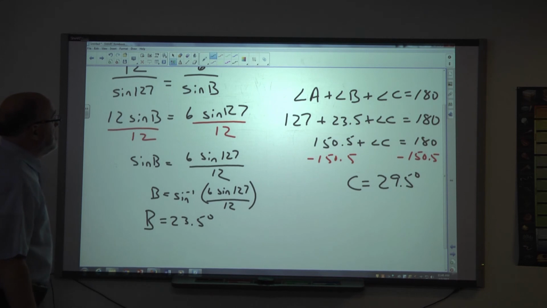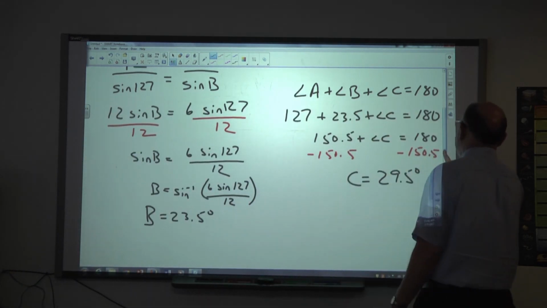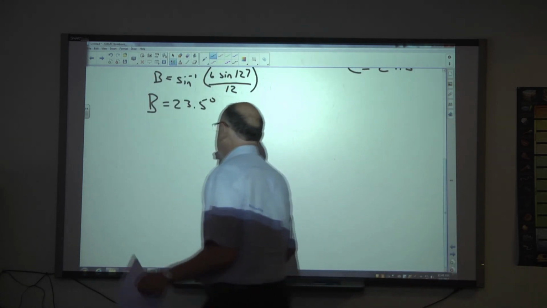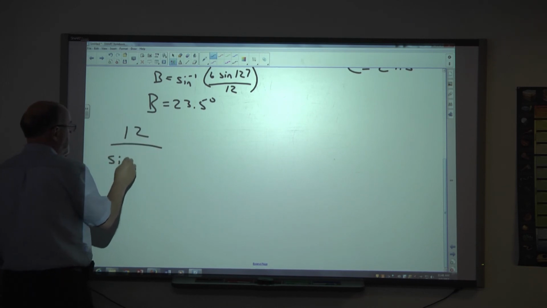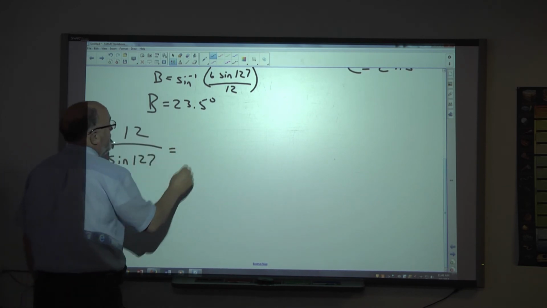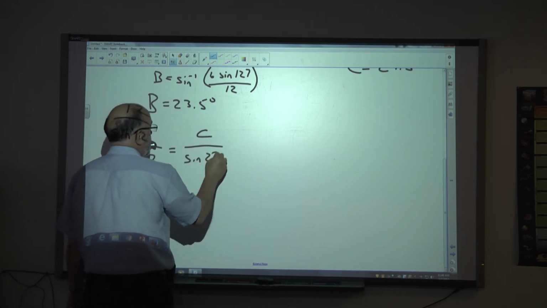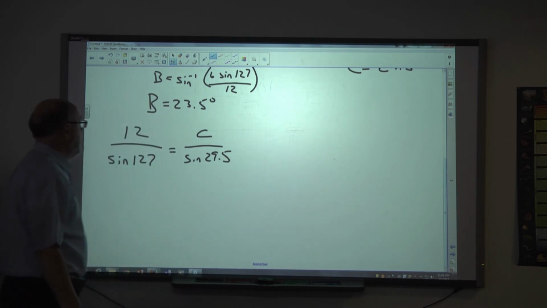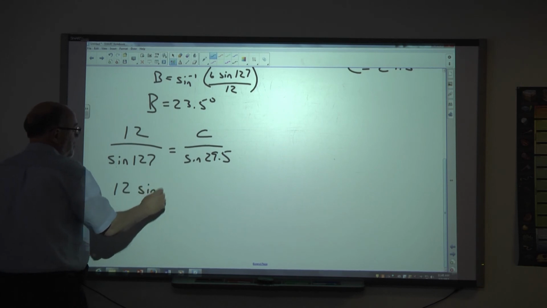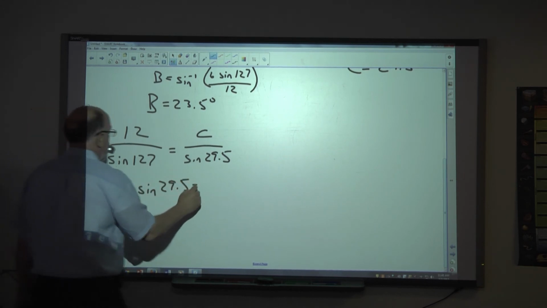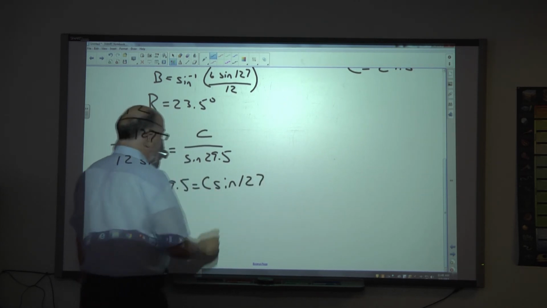So that's the two angles, and we now have left finding side c, so we go back to using our law of sines. We've got 12 over the sine of 127 equals c over the sine of 29.5. We're going to solve for c, so we get 12 times the sine of 29.5 equals the sine of 127 times c.